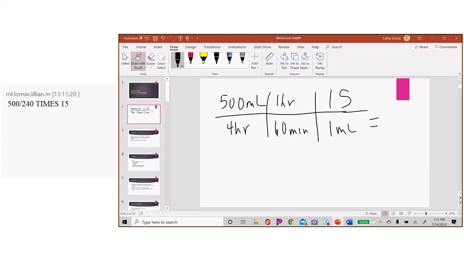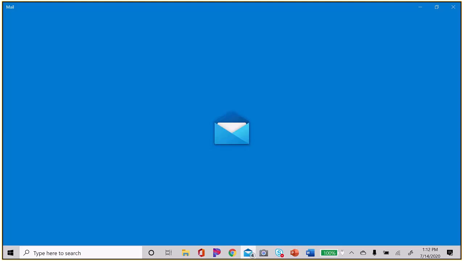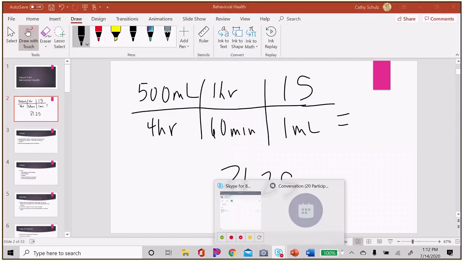If we add that, it's 500 times 15, which is 7,500, divided by 4, divided by 60, is 31.25, which if we round to a whole number, obviously because we can't calculate a fourth of a drop, would be 31 drops per minute. What the hell, Schultz?